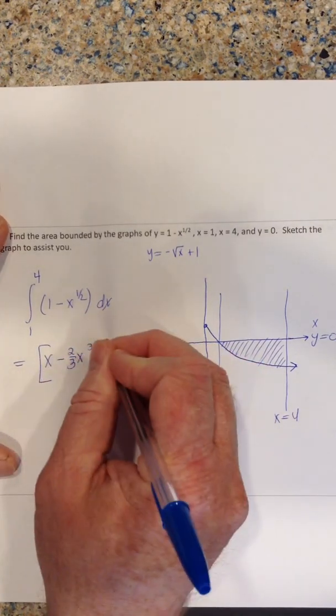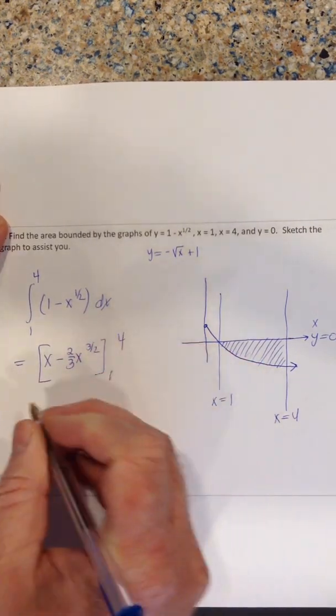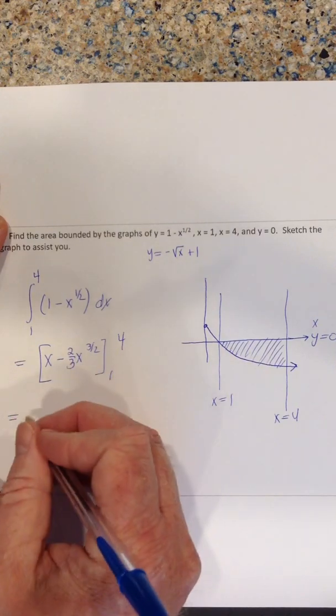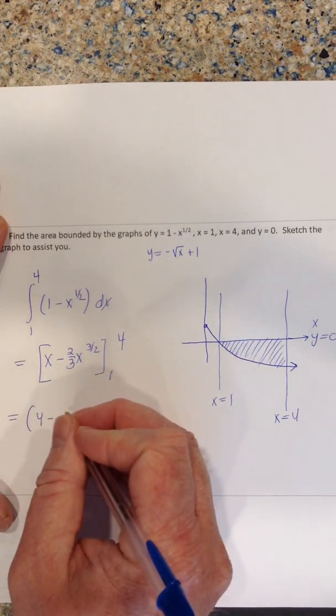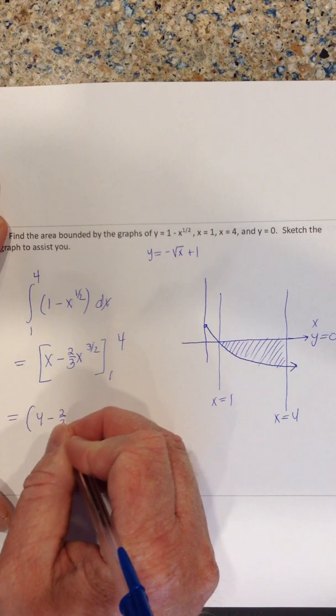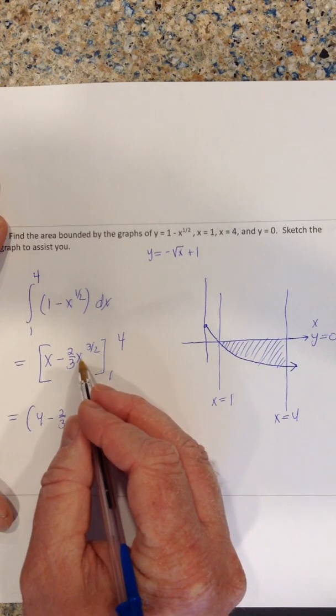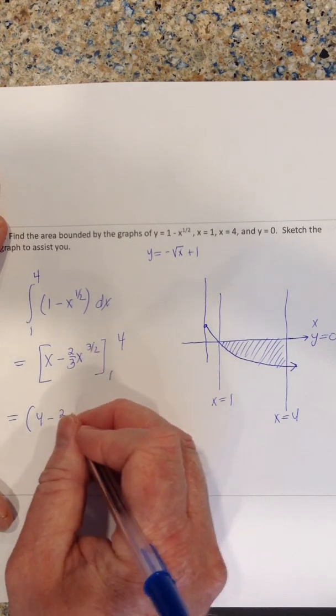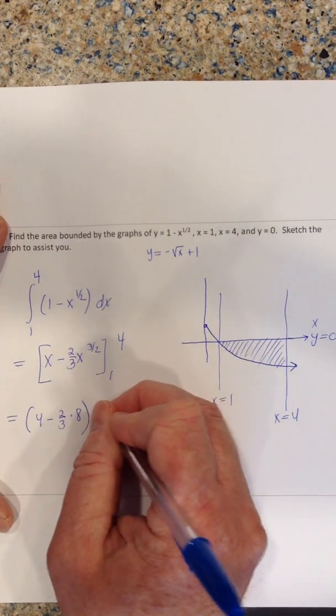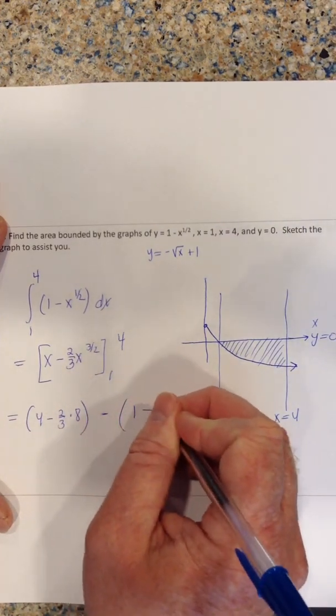And then I'm going to evaluate that from 1 to 4. So I'm going to plug in 4 first, so I get 4 minus 2/3 of 4 square root, which is 2, so 2/3 of 8. Now I'm going to plug in 1, I get 1 minus 2/3.